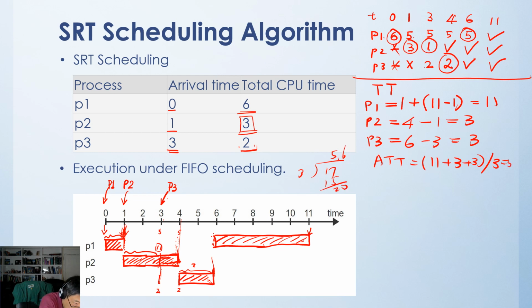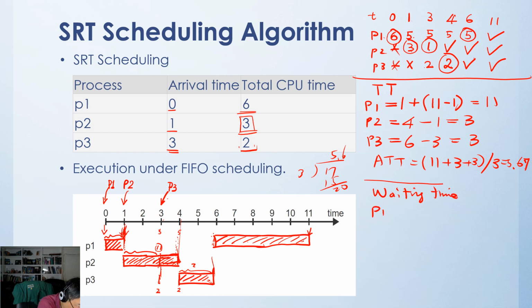Okay, it's 5.67. It's 5.66666, and it continues like that, so I just truncate to 5.67.